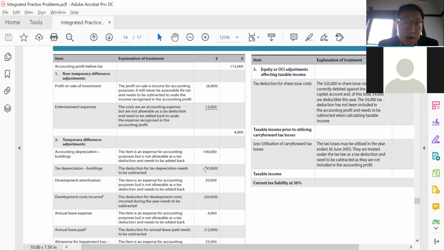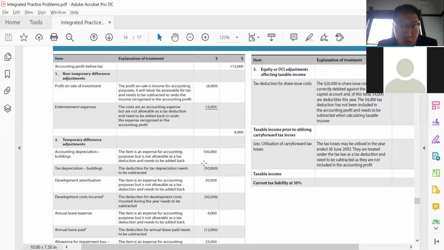Now, if you don't like doing 2 entries for the one event, you can simply net them off, and if you net this, it'll be plus 50,000. Regardless of which method you prefer, I leave that choice up to you. But if you're wondering why there are so many adjustments here, it's because there are 2 line items for the one event, just to illustrate that logic.